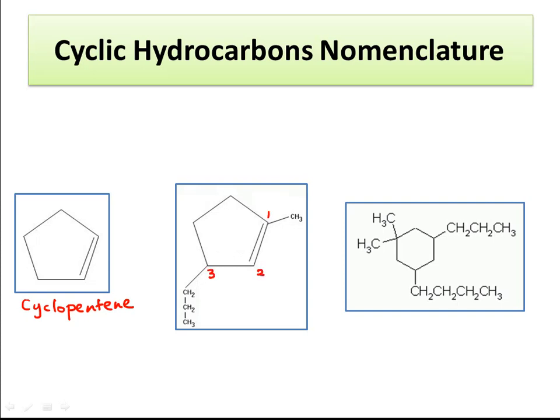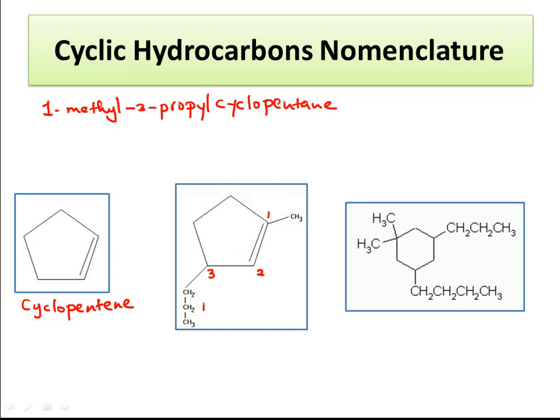So the name for this one is going to be, this one is a propyl group, P and M, M comes first, so it's going to be 1-methyl-3-propylcyclopentane. It's the correct name for this one.